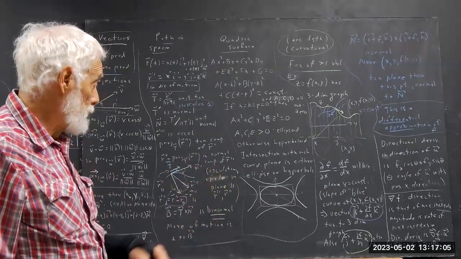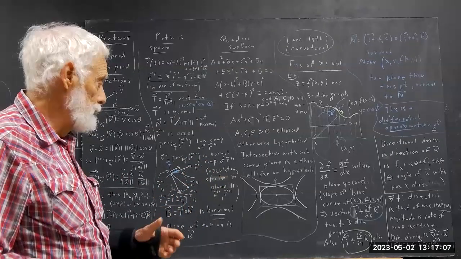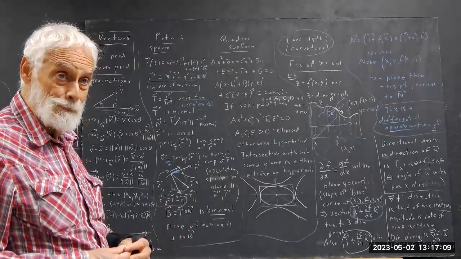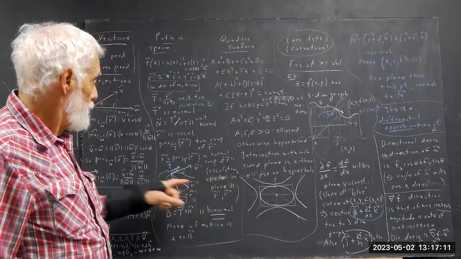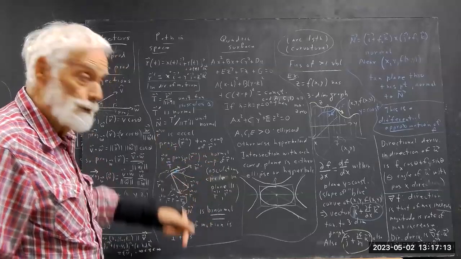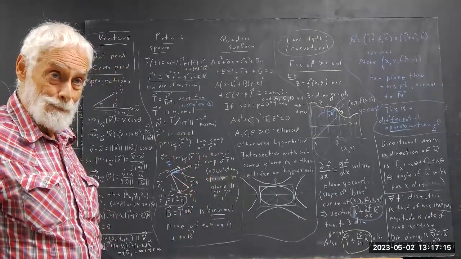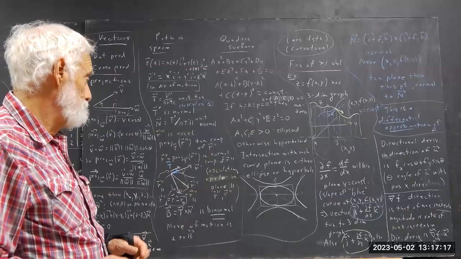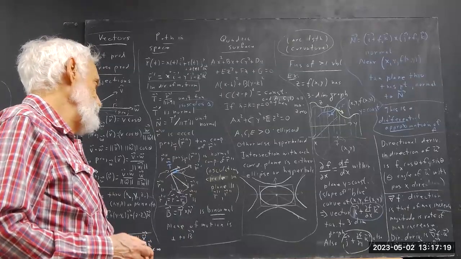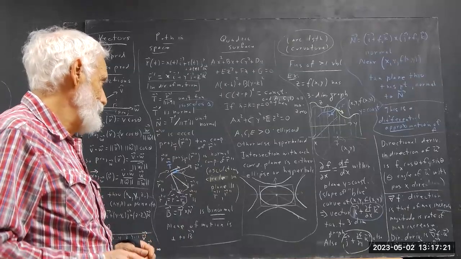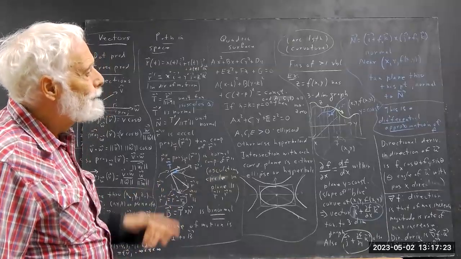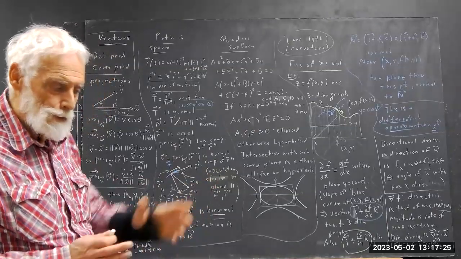Now the oscillating circle is just a circle in the plane that's parallel to both your velocity and your acceleration. And its radius is such that it matches the curvature.